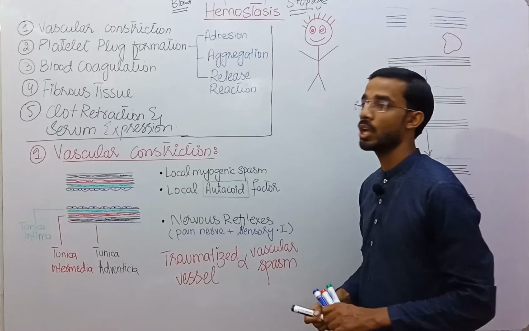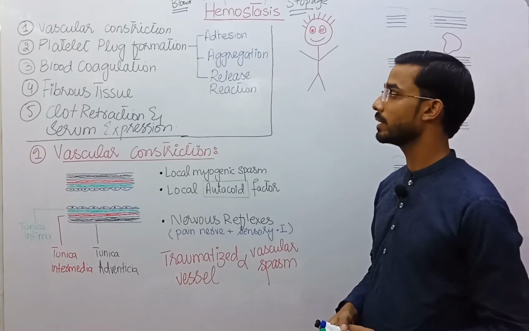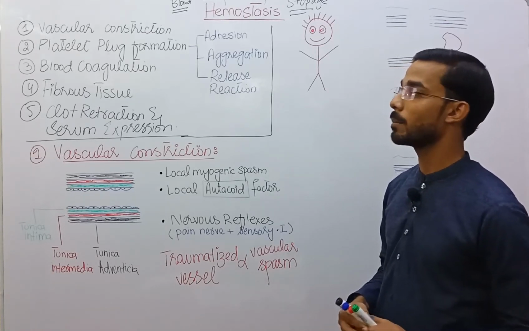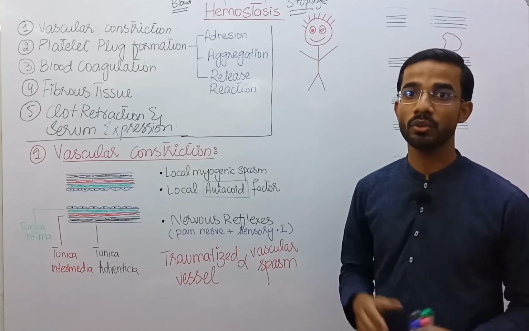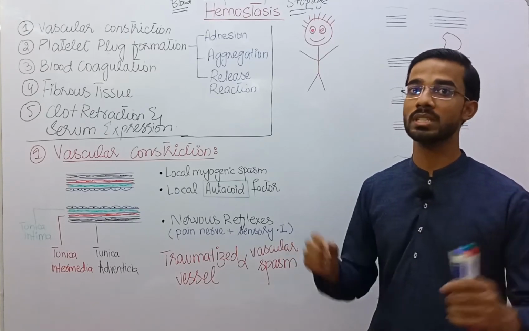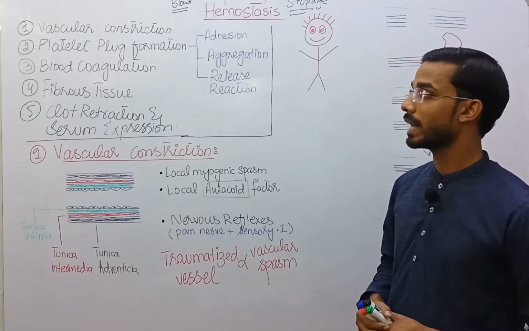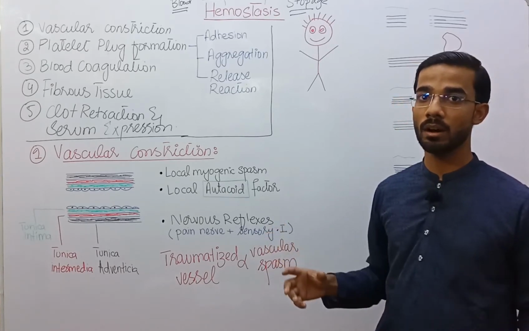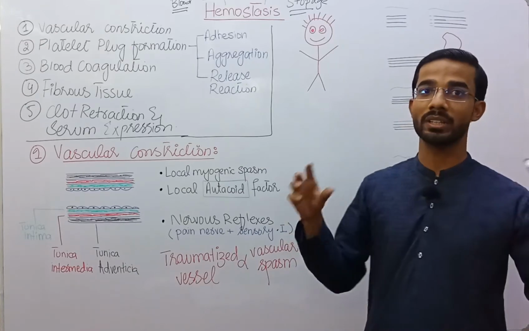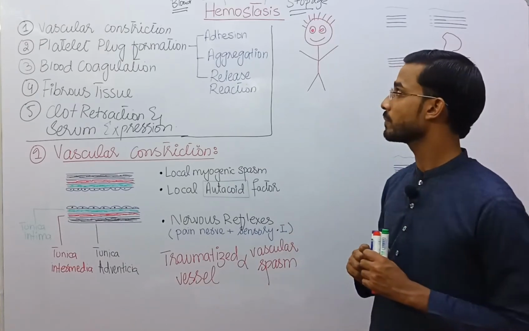When injury occurs, the blood vessels contract to reduce the blood flow to the site of the injury. Then platelets come and form a plug over the injured area.